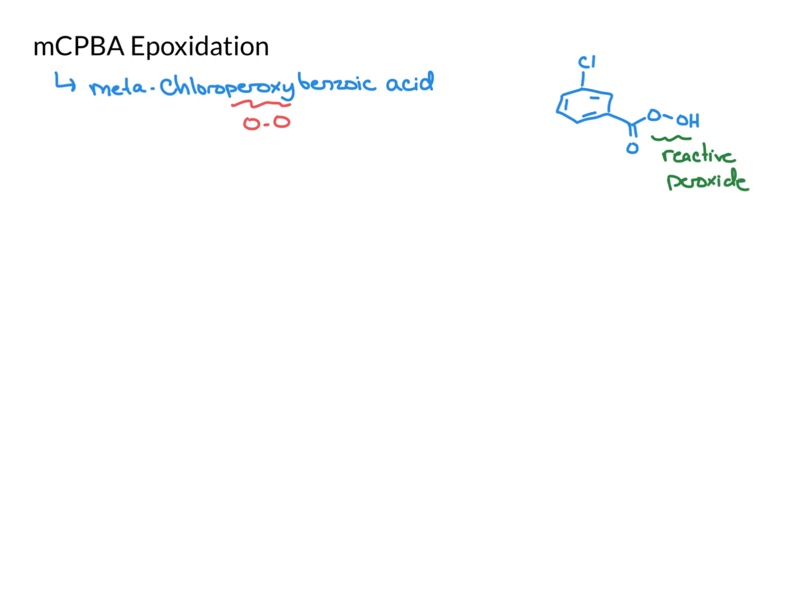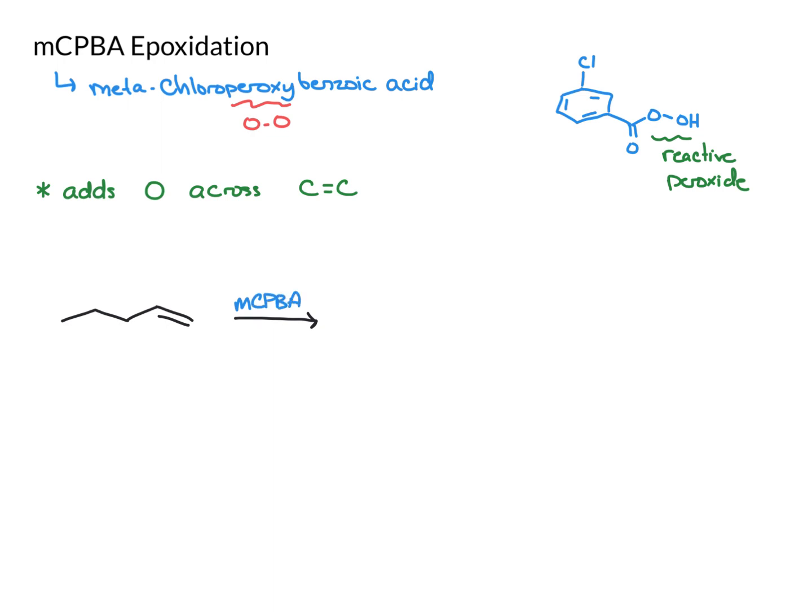And what that does is effectively adds a single oxygen across a double bond. So you can imagine if we have something with an alkene in it, and we use mCPBA as the reagent.